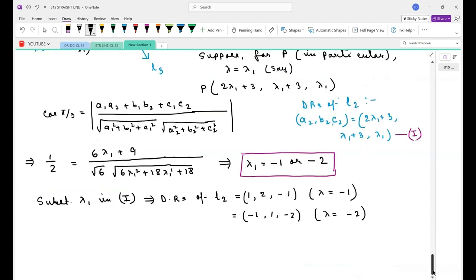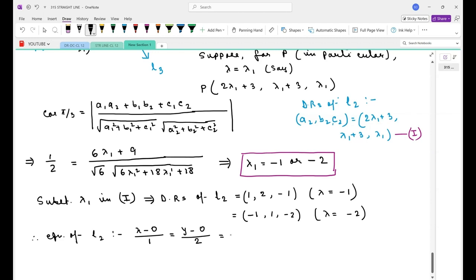So the equation of L2 will be x minus 0 by 1 equal to y minus 0 by 2 equal to z minus 0 by minus 1. Because it passes through the origin, the point is 0, 0, 0, and the DRs are 1, 2, minus 1.